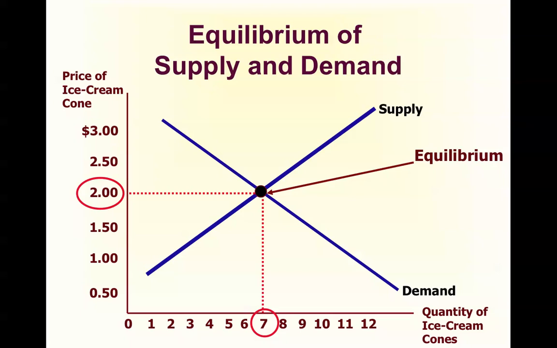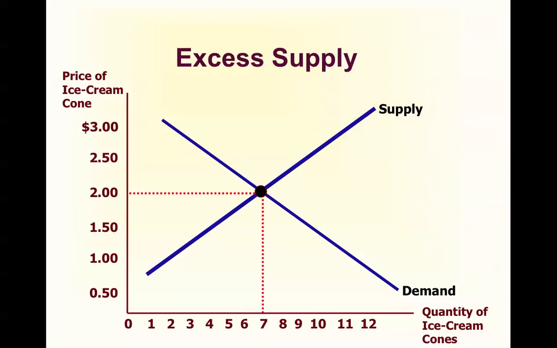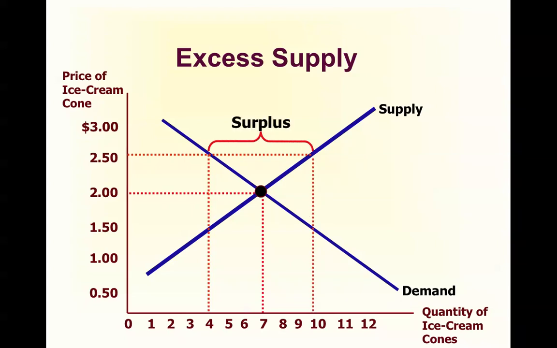Now, the equilibrium is assumed to always exist because there are forces in the market that will move the market towards equilibrium. Force number one, excess supply. As you can see, there's a surplus. A surplus means, in our terminology, that there is more of the good available at the price than there are people willing to buy it.